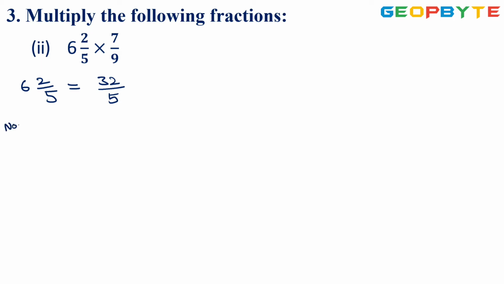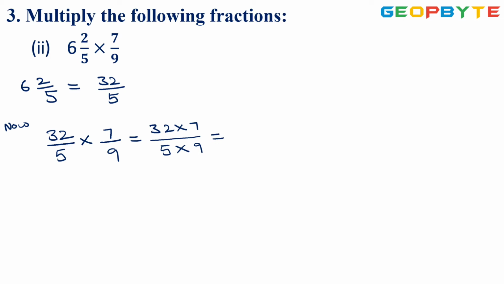Now 32 by 5 into 7 by 9, which is equal to product of numerators, 32 into 7, by product of denominators. Denominators is 5 into 9, which is equal to 32 into 7 is 224 by 5 nines are 45.